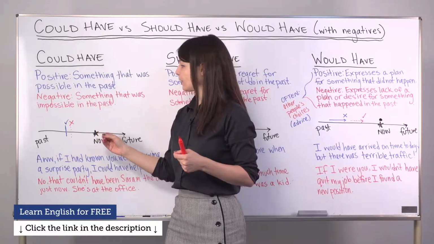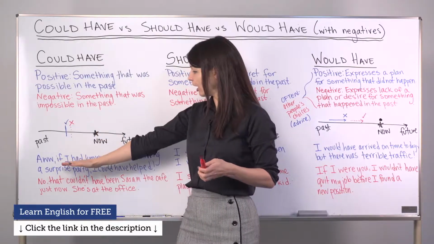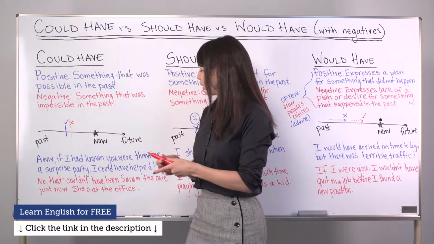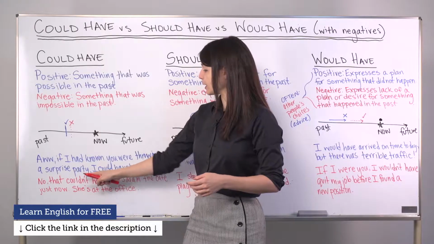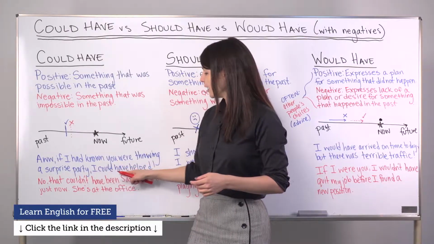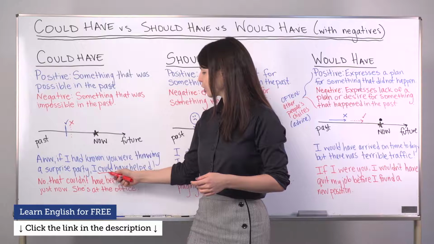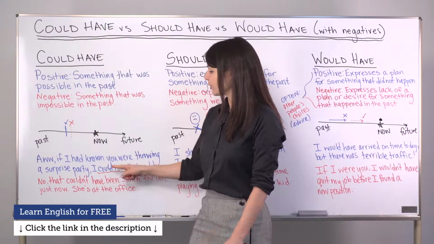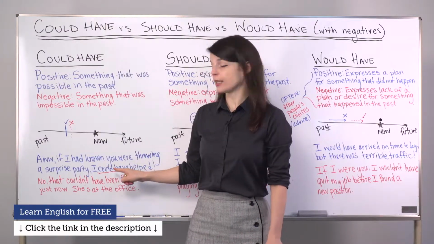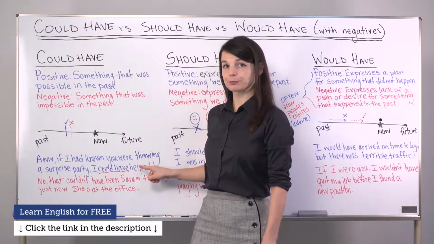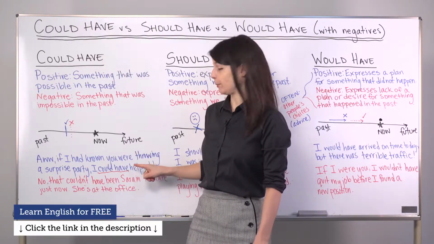An example sentence: if I had known you were throwing a surprise party, I could have helped. So here, could have shows us that this action, helping, was possible in the past.